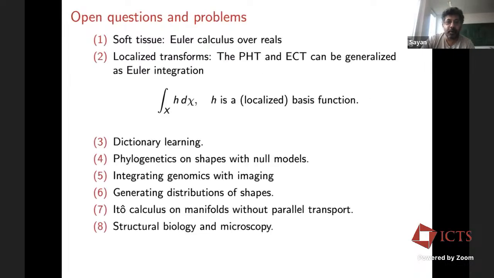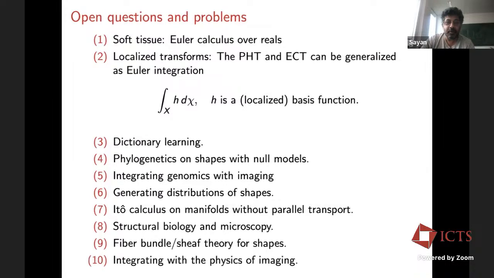There's a lot more to do, both in applied and in stochastic work. One of the things we're working on is, if I give you a bunch of shapes, a bunch of brain tumors, can I build a generative model to do this?